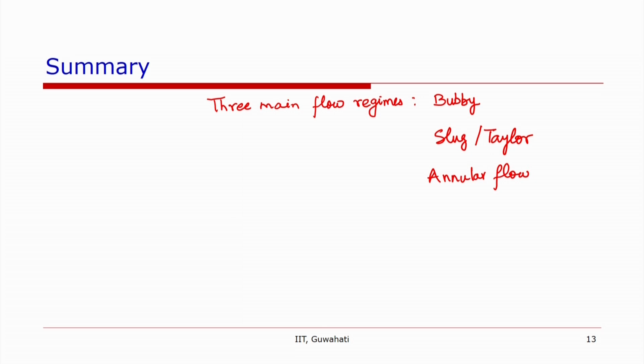We also have a transition flow regime between slug and annular flow, which we call slug-annular.